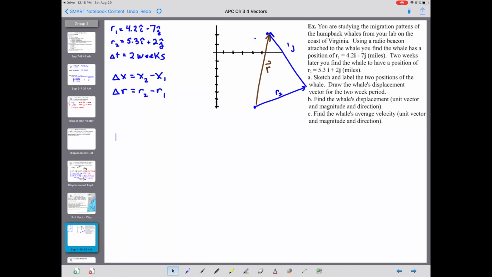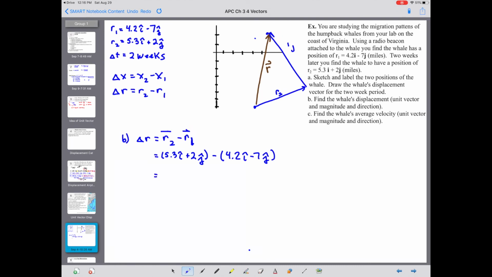In part B, delta r, r2 minus r1. So then if I take my 2 unit vectors, r2, 5.3i plus 2j, minus r1, 4.2i minus 7j.